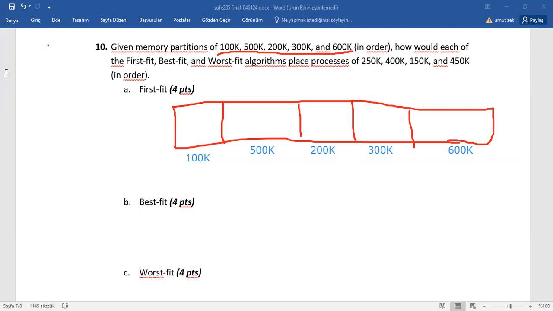And we have some processes that are coming in order. So according to the first fit, best fit, and worst fit, we will do it.